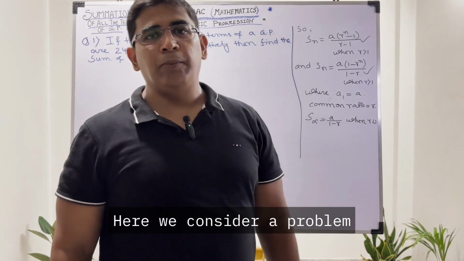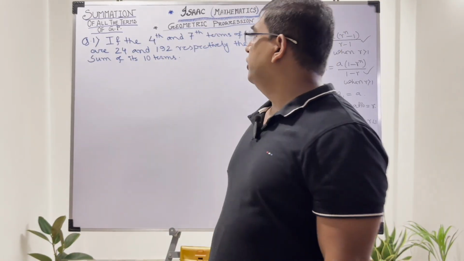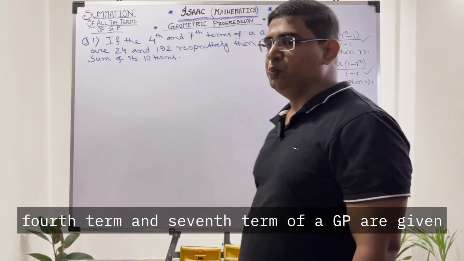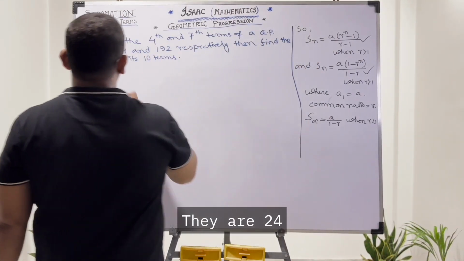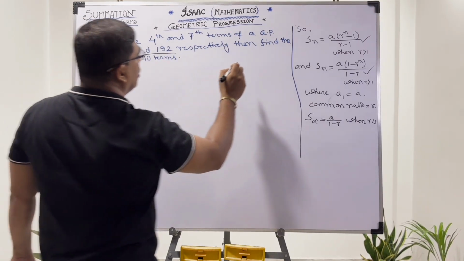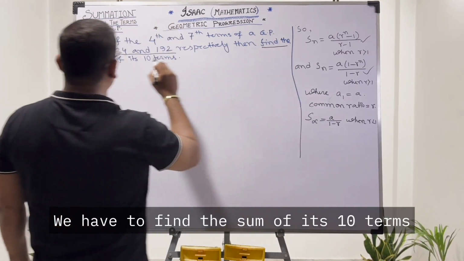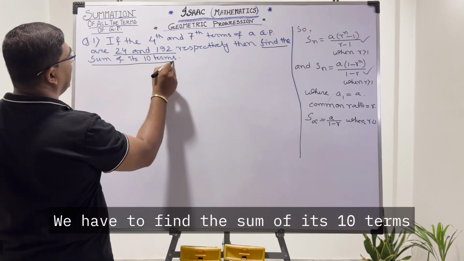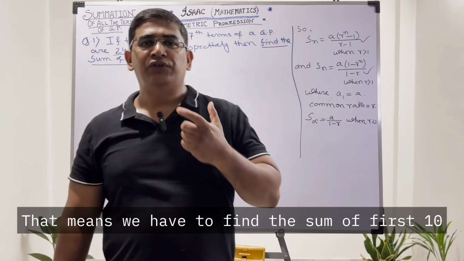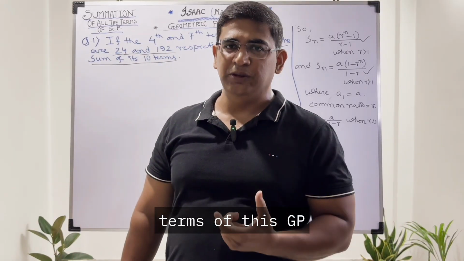Here we consider a problem. Okay, in this problem, the fourth term and seventh term of a GP are given. They are 24 and 192. We have to find the sum of its 10 terms. That means we have to find the sum of the first 10 terms of this GP.